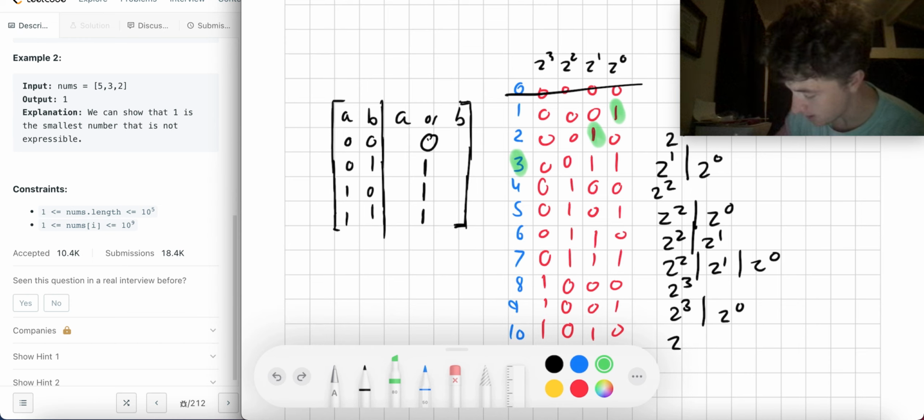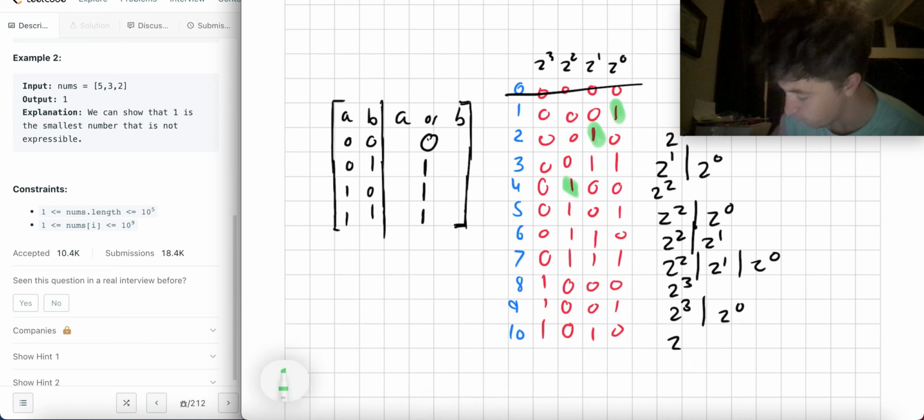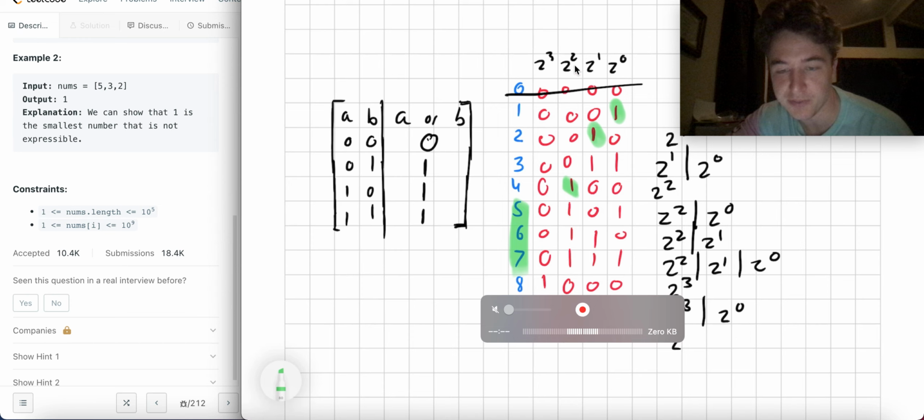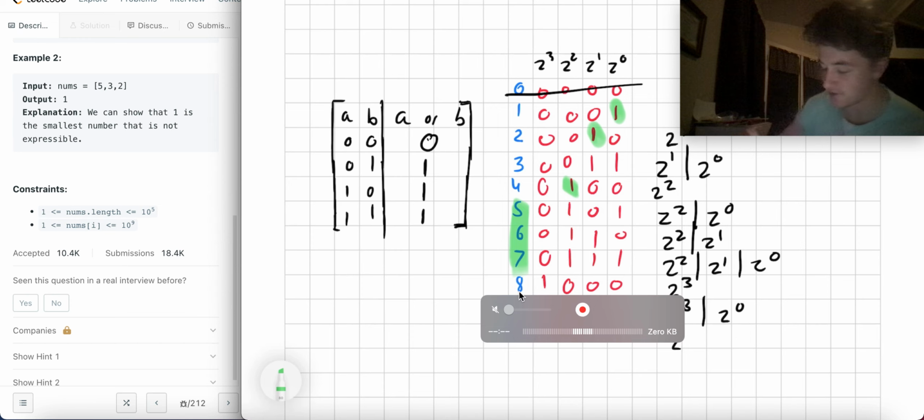I guess what I'm trying to say here, because this is the meat of this problem, the subtle nuance of how this works to help you get to an efficient solution, is that if you have 1, 2, and 4 at your disposal, from that you can create all of these numbers. That means you have 2 to the 2, 2 to the 1, and 2 to the 0 at your disposal. So you can build 5, 6, and 7.